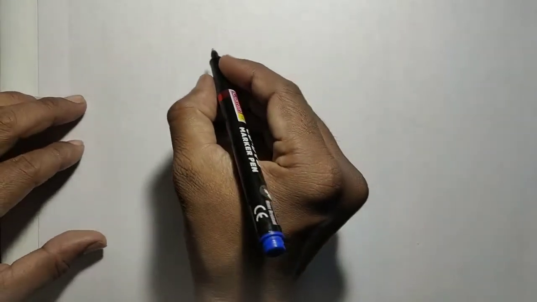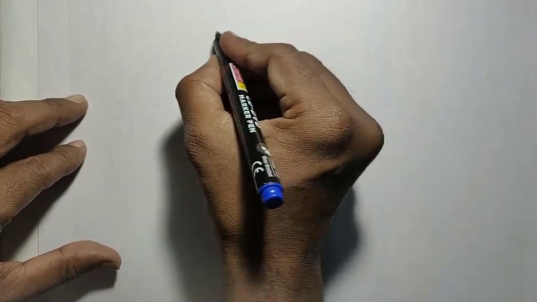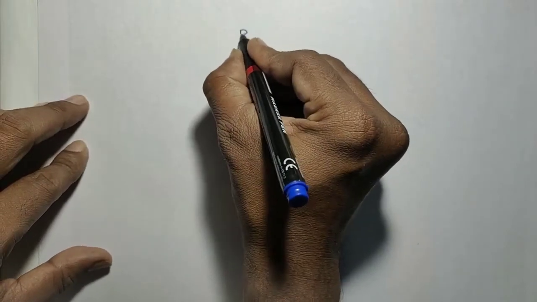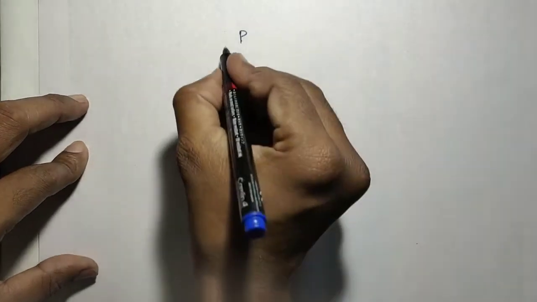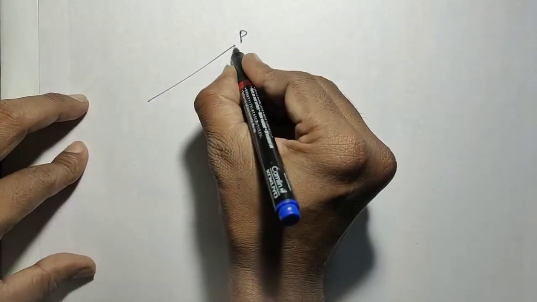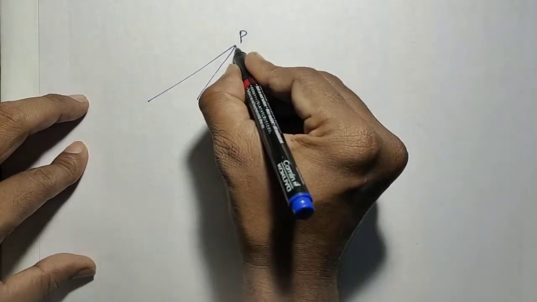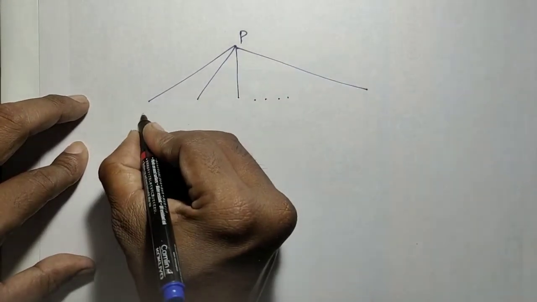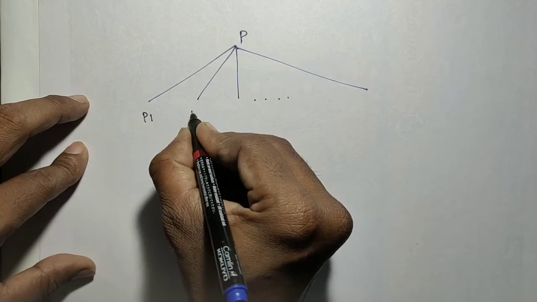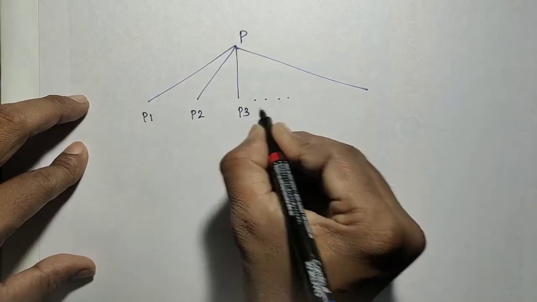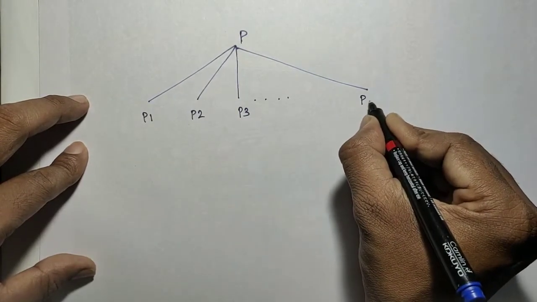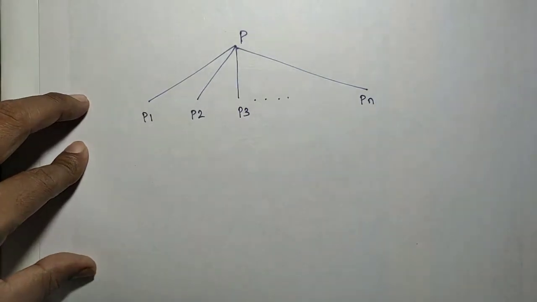If you want to remember this, the divide and conquer: this is the problem. The problem is divided into a number of subproblems of smaller instances, that is P1, P2, P3 and so on, Pn.